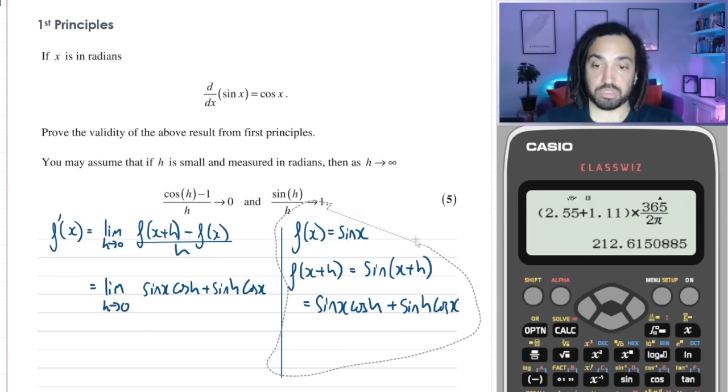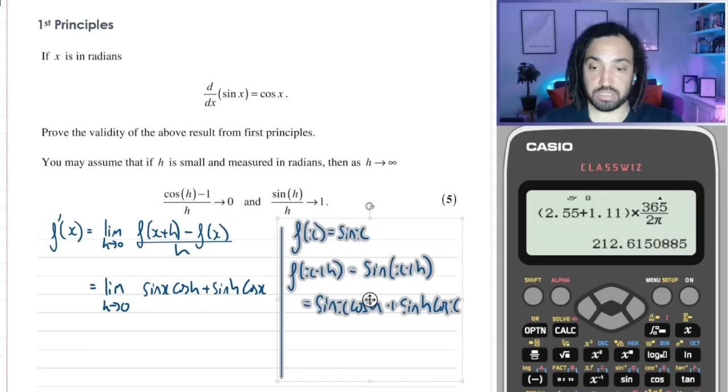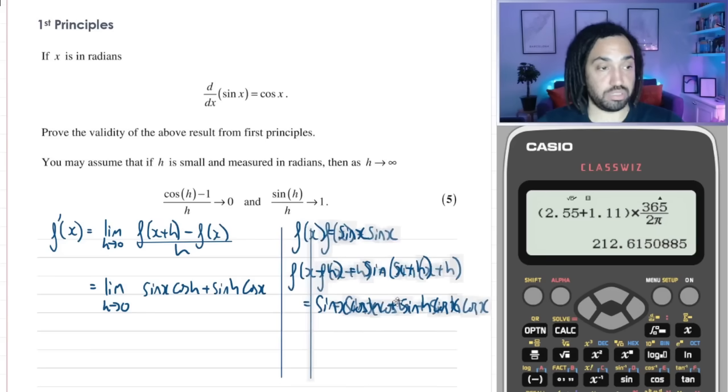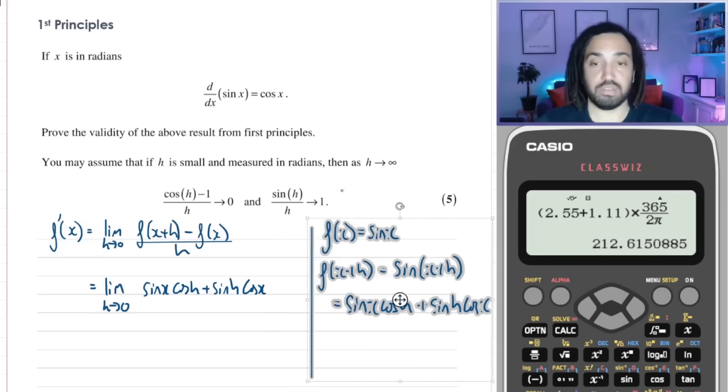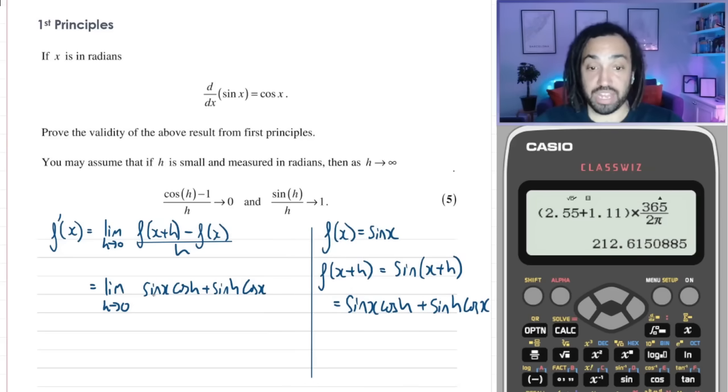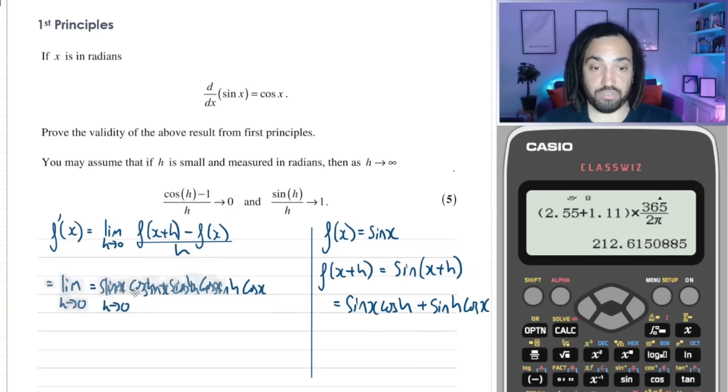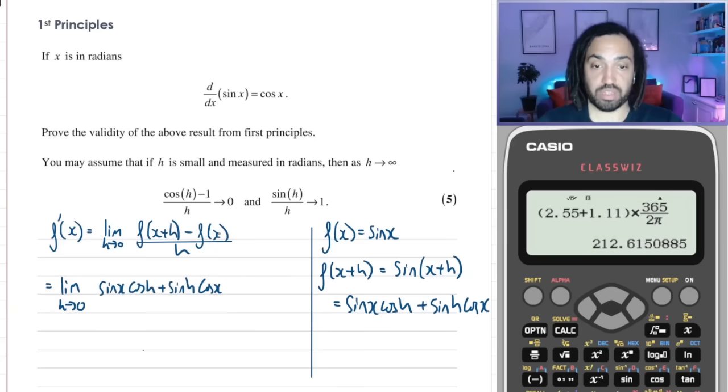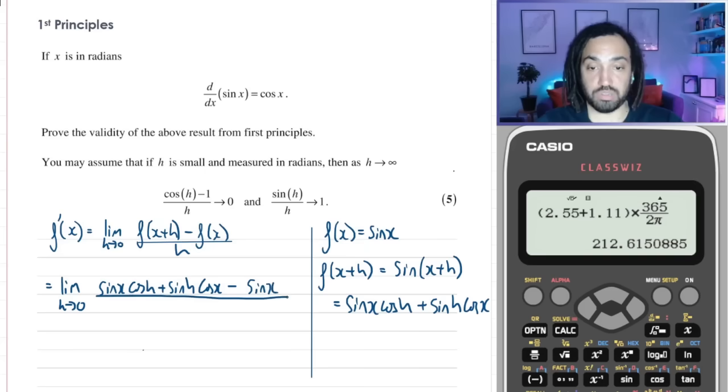Let's just grab a bit more space because I don't want to run out of space here. Okay, and then what we need to do is subtract f of x. So that's minus, and f of x is just sine x, like so, and then that is all over h.